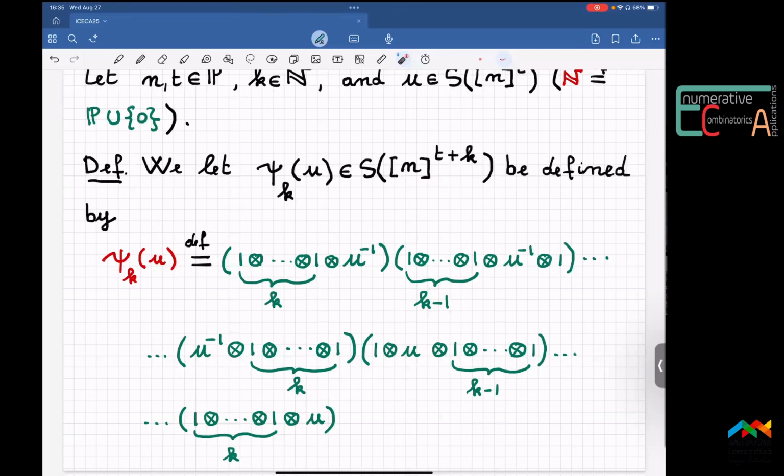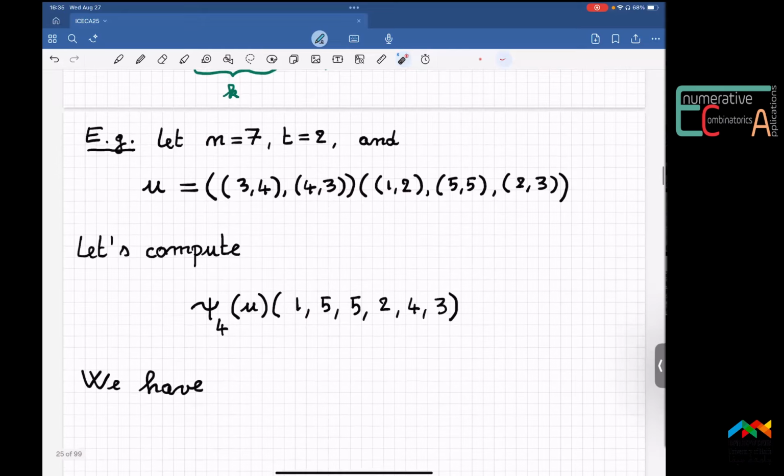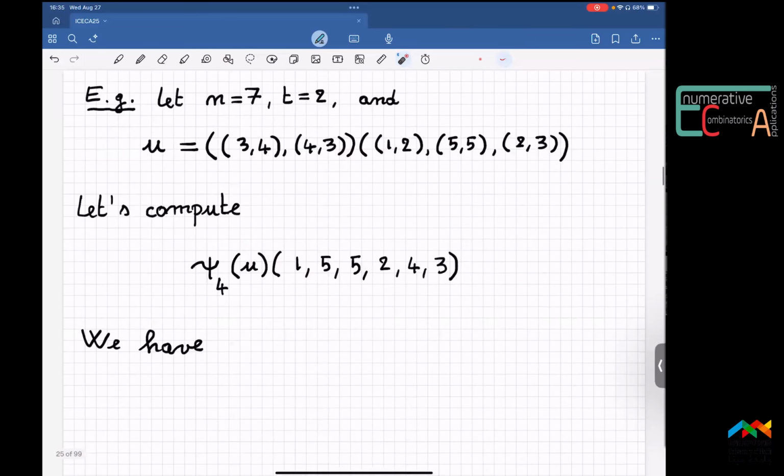Okay, so I'll illustrate this with an example. Suppose n is 7 and t is 2, and I take this permutation of 7 squared, a 2-cycle and a 3-cycle. I'm going to compute psi sub 4 of u. So u acts on pairs of numbers, and I have a 4 here.